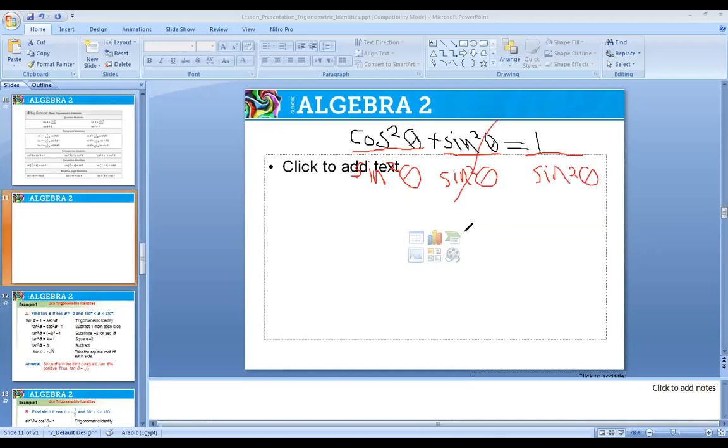Sine square over sine square is equal to 1, and I have here a plus, and cosine over sine is cotan, but it's cotan square, so cotan square theta, and here equals 1 over sine, it's cosec, so cosec square theta.